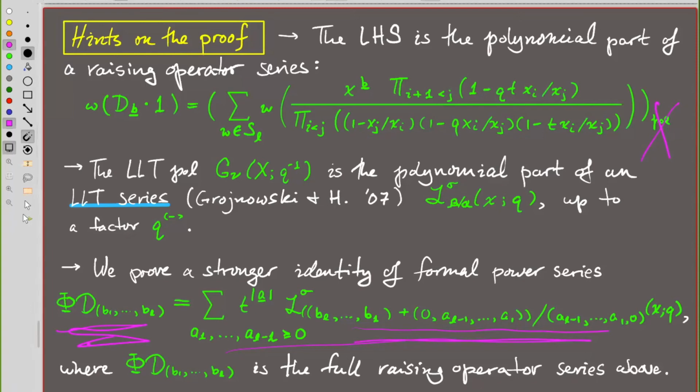And then the a's actually become the number of boxes in each column between the lattice path and the highest one, so that the sum of the a's becomes the area. You also notice that there's no q to the dinv in this, really apparent, but that's because the q power factor by which the L's differ from the G's is kind of miraculously exactly that q to the dinv, and it just takes care of itself.